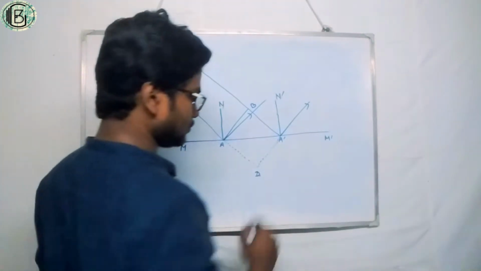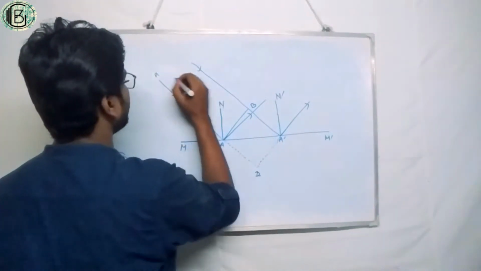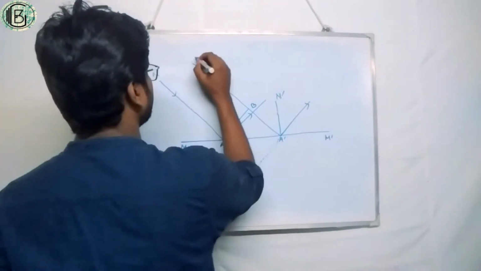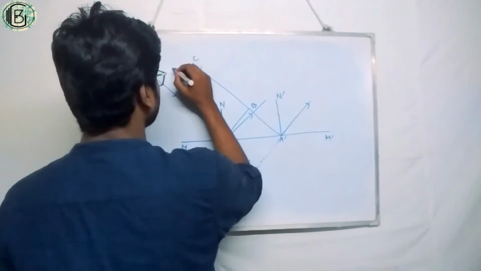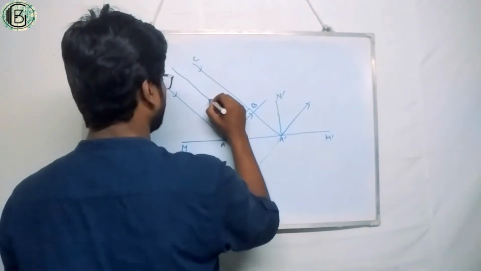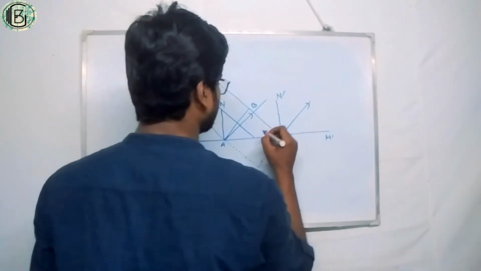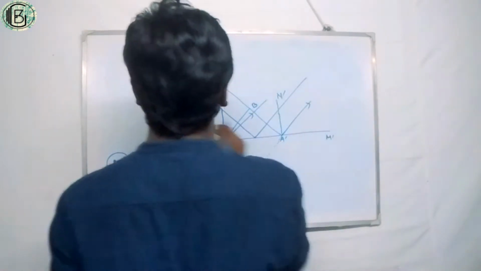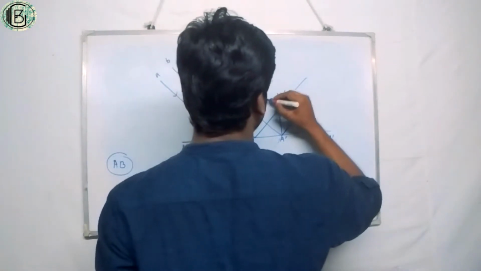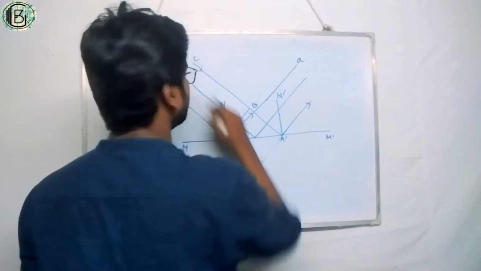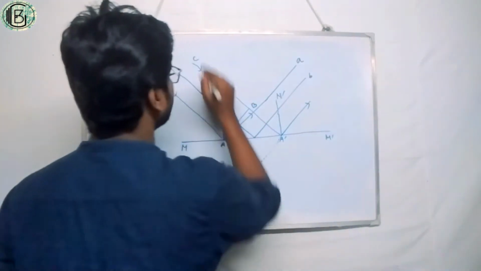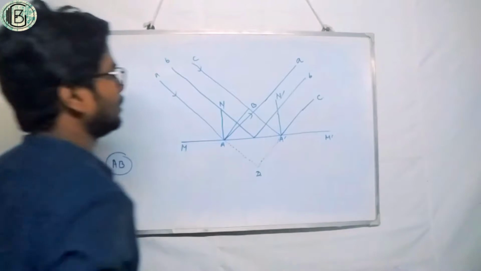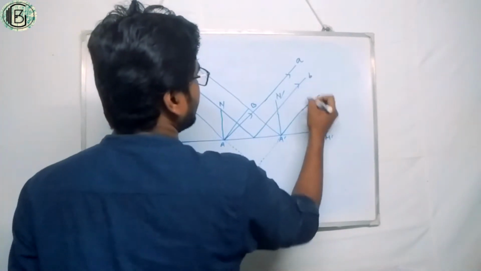Now suppose this is light A, this is B, and this is C, and again we are drawing another line, and this is B. So this was A, so we are getting back A here. This is B, and this is C. Obviously we have to give the direction.